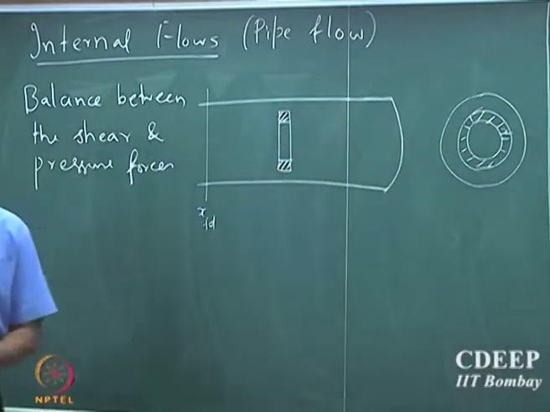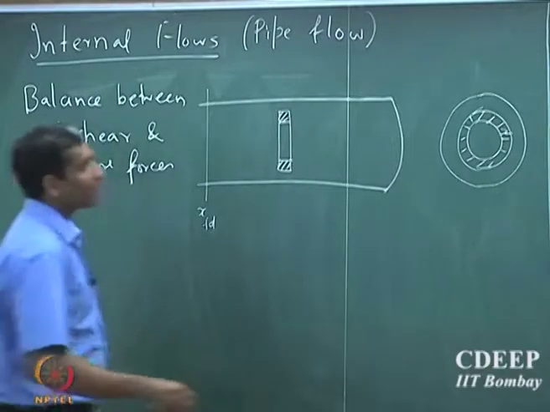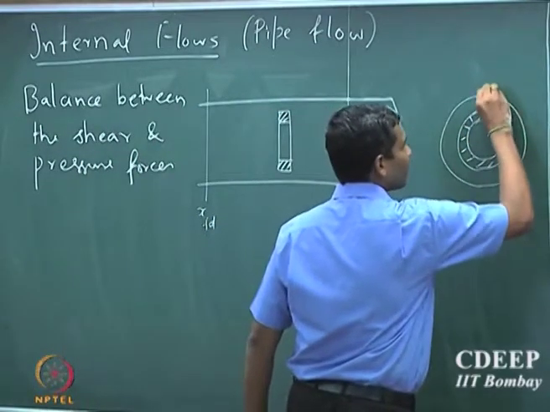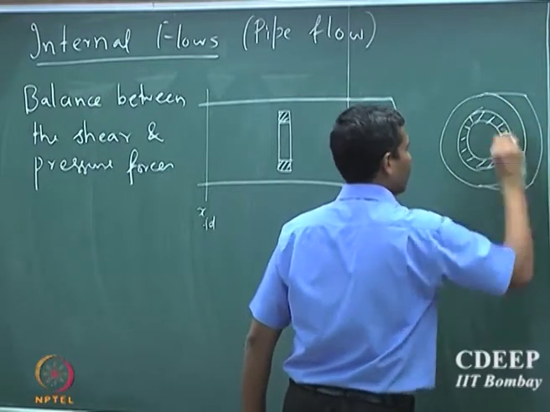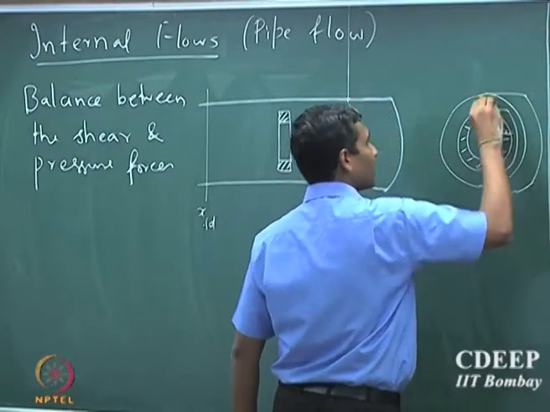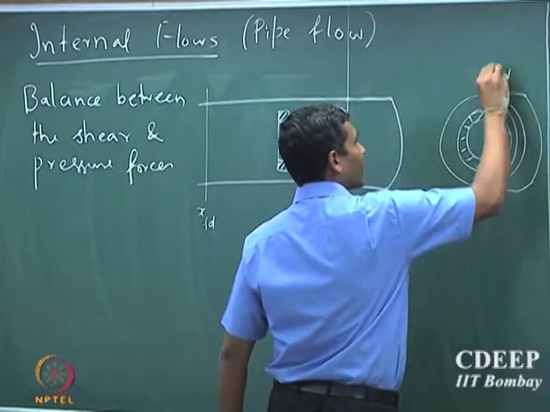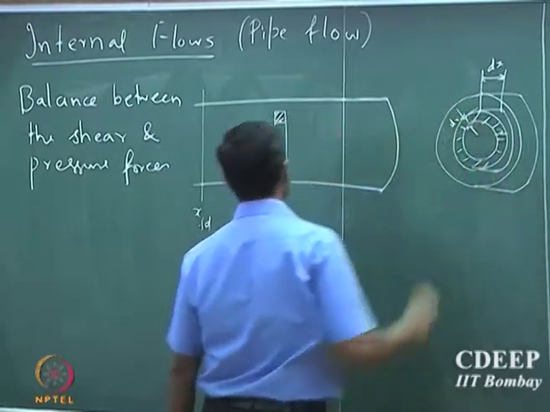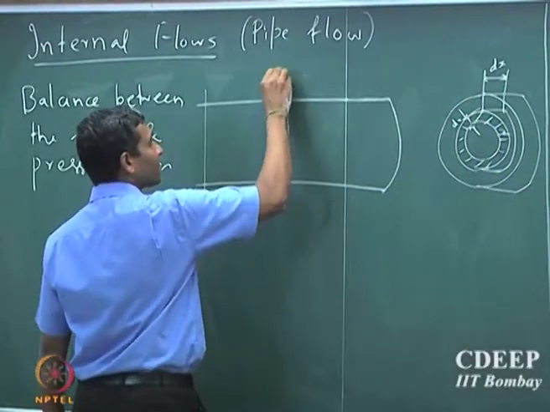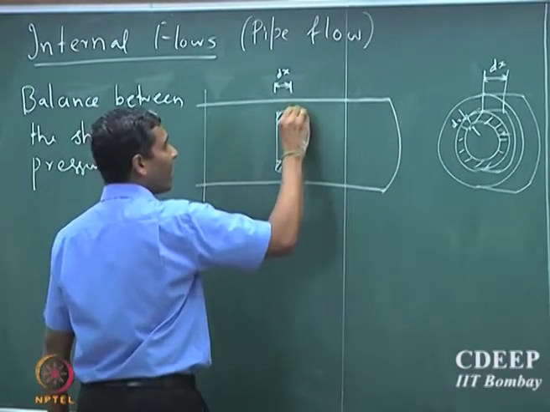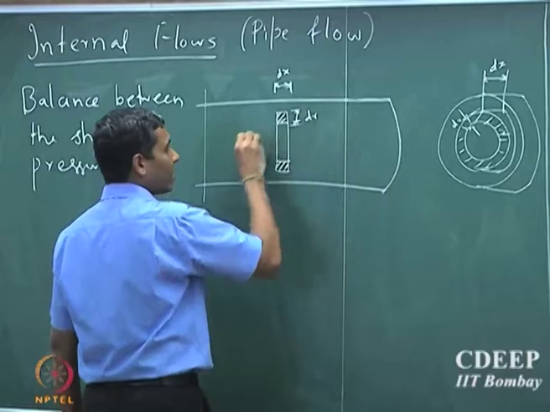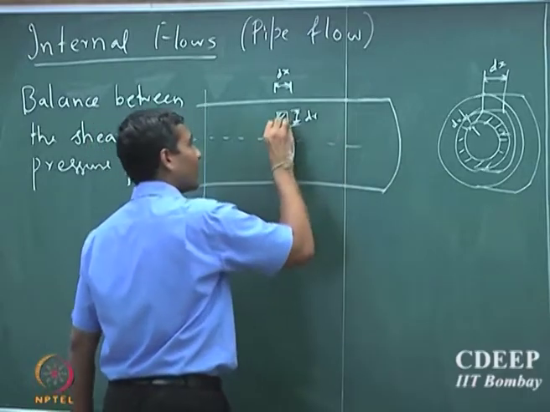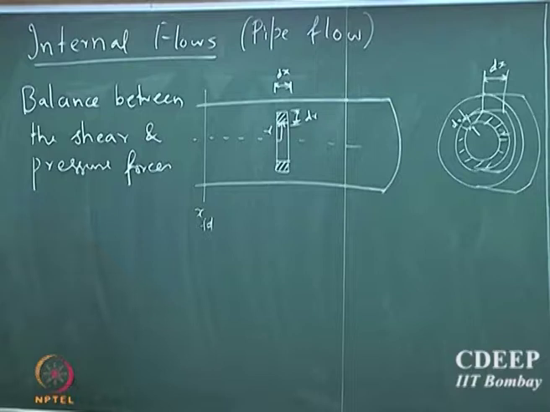So if I have an annular cross section, this is dx and this is dr. Equivalently here, this is dx, and this is dr, and this is located at some r position. So, if the small shell is located at some r location, I can make a force balance.